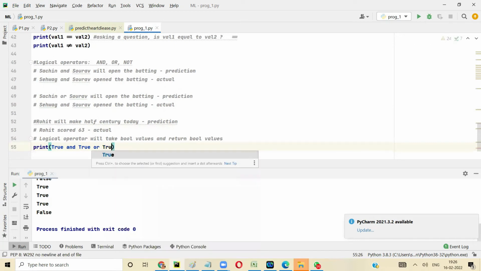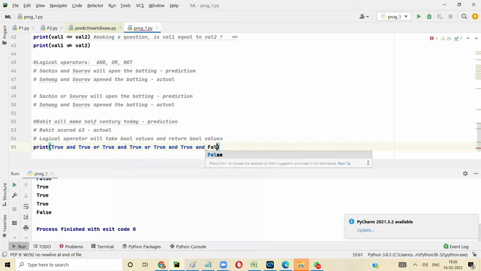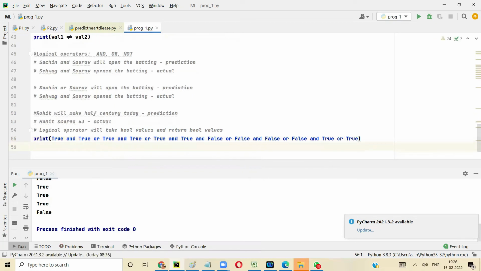Now you see, true and true, or true and true, and false, or false and false, or false and true, or true. Purposely I made this big statement. Now, how will you solve it? Just like you have the BODMAS rule in mathematics, what is BODMAS?